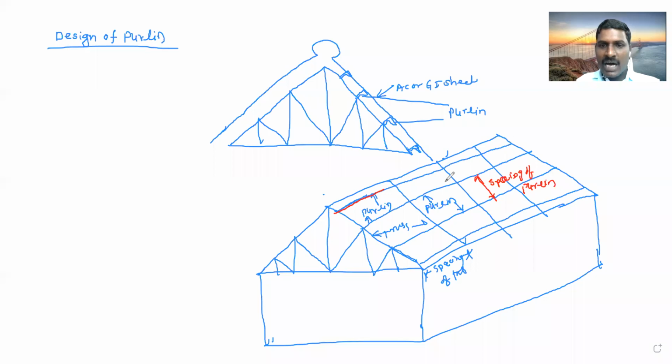The purlins are along the length of the building, and these purlins are rested on the trusses. So this is truss number 1, this is truss number 2, 3, 4. On these 4, 5 trusses, the purlins are rested along the length, and on these purlins, the sheets are rested.